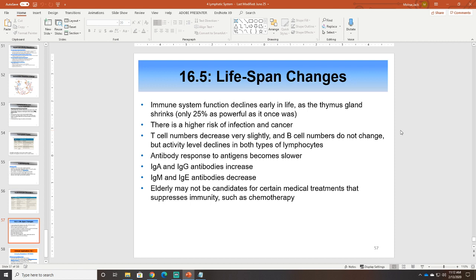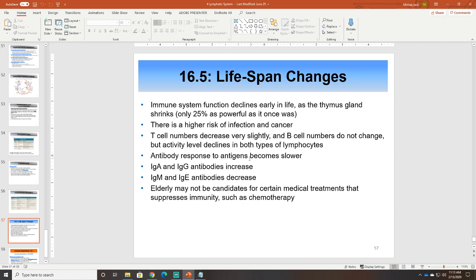So lifespan changes, just to finish up real quick. Here the immune system function is going to decline early in life when the thymus gland shrinks. It'll only be about 25% as powerful as it was. There's a higher risk of infection and cancer. As we see a reduction in the power of the immune system, T cell numbers will decrease slightly, and B cell numbers don't change, but their activity declines. They're less active as we age.